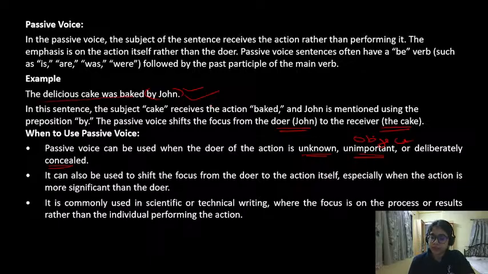It's used in formal writing where the focus is on the process or results rather than the individual performing. Okay, it's never that scientist X put the chemical in a container. No, a chemical was put in the container. That's it. The focus is not on the doer. There's no story going on. It's a simple process that one needs to write down. Therefore, the subject does not need to be mentioned.